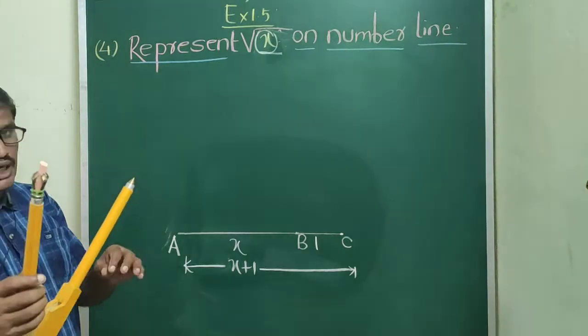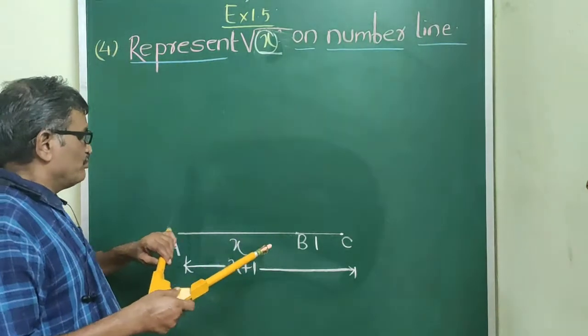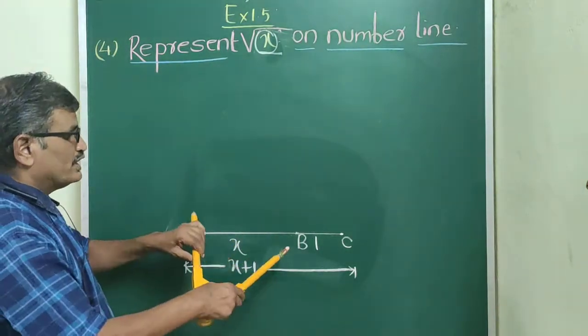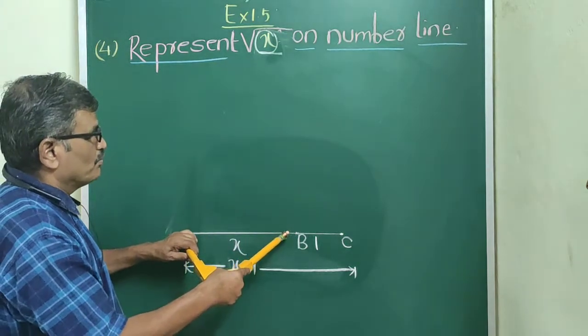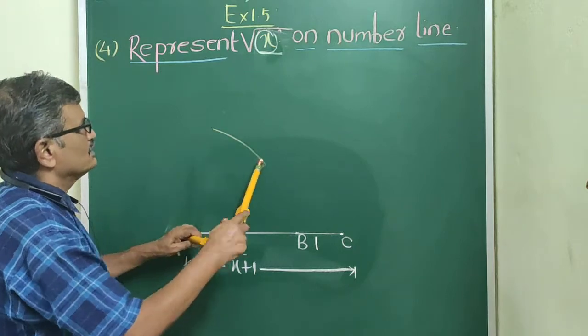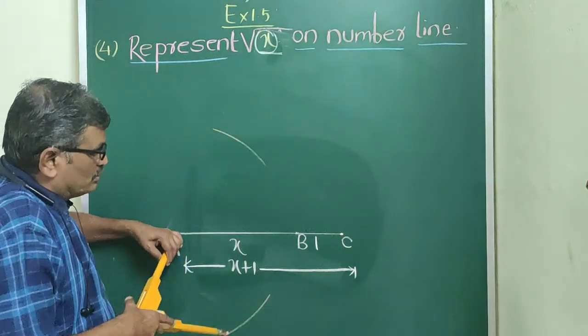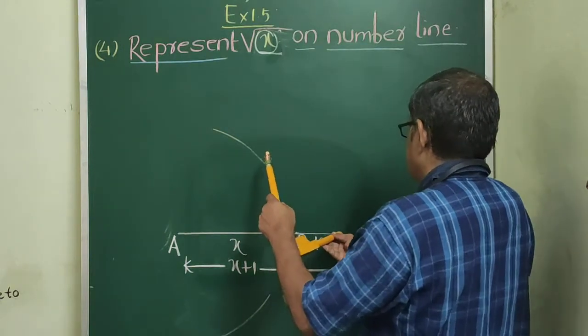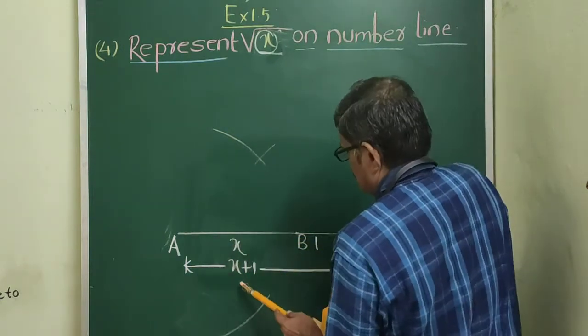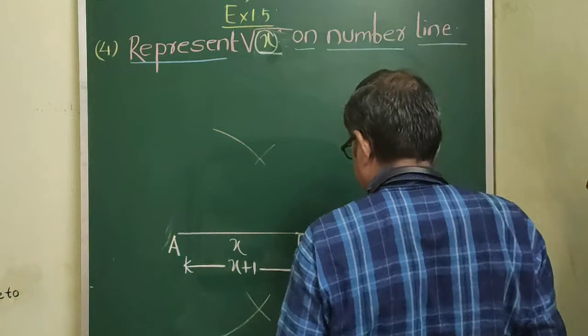With your compass, take A as center and a radius more than half, and place an arc at the top side and also at the bottom side. Then again with C as center, you draw another arc.